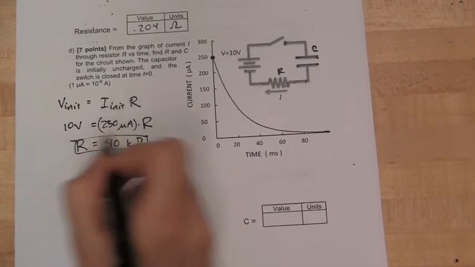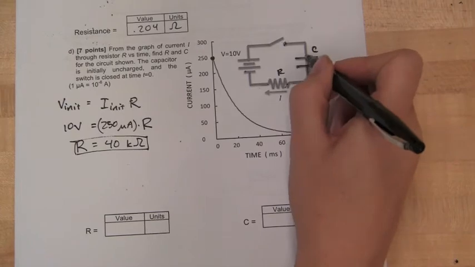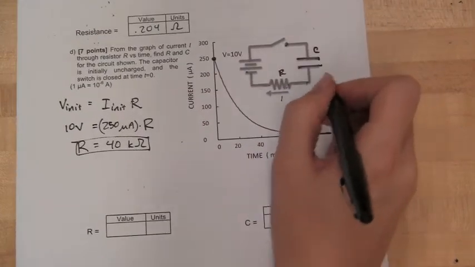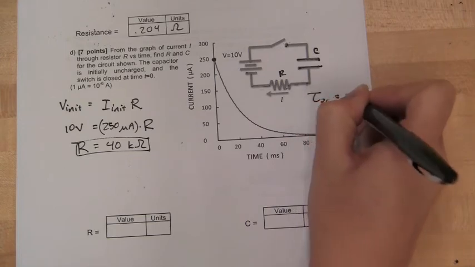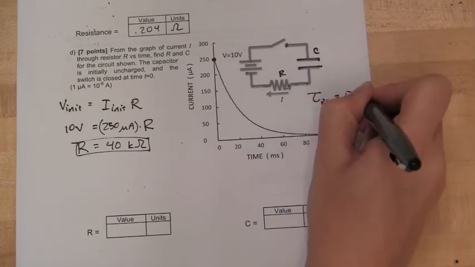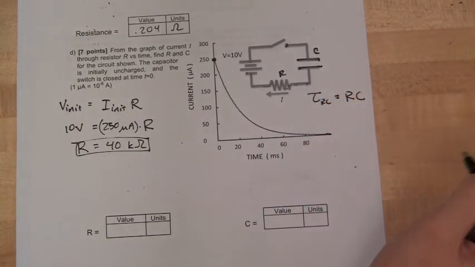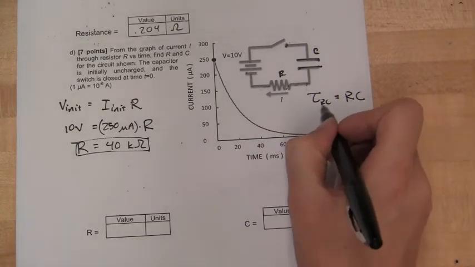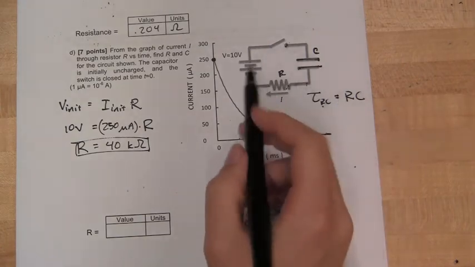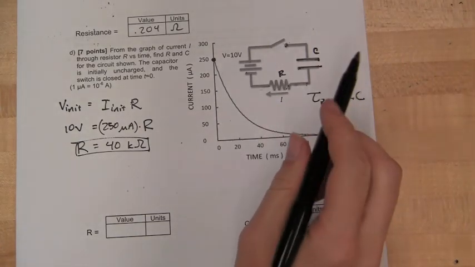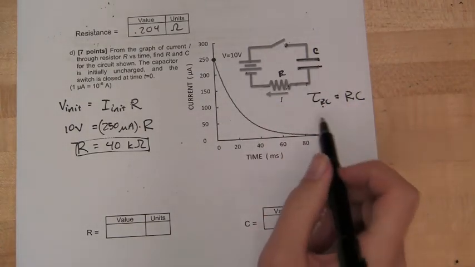And so now you're left to find C. You can find C because you know that the RC time constant of this RC circuit is just the resistance times the capacitance. And the RC time constant is the time it takes for the current in the circuit to drop to 1 over e of its initial value.